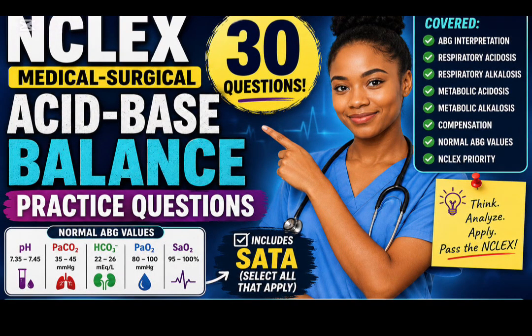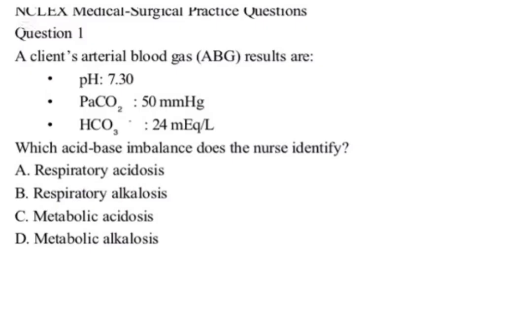Let's practice 30 NCLEX-style questions with detailed rationales. Question 1. A client's arterial blood gas, ABG, results are pH, 7.30. PaCO2, 50 mm of mercury. HCO3, 24 milliequivalent/L. Which acid-base imbalance does the nurse identify?